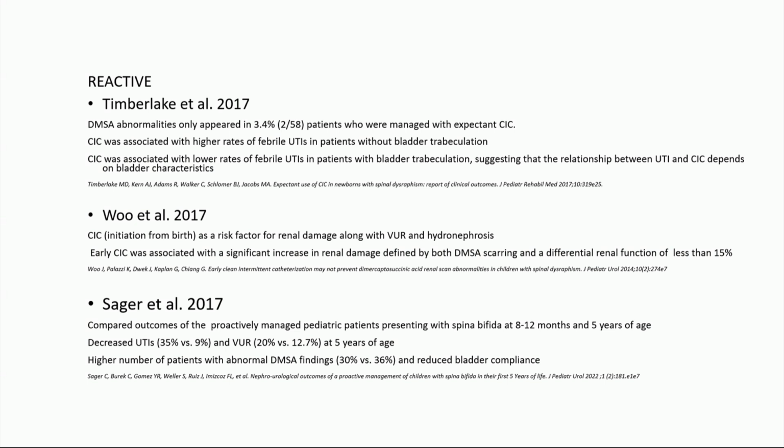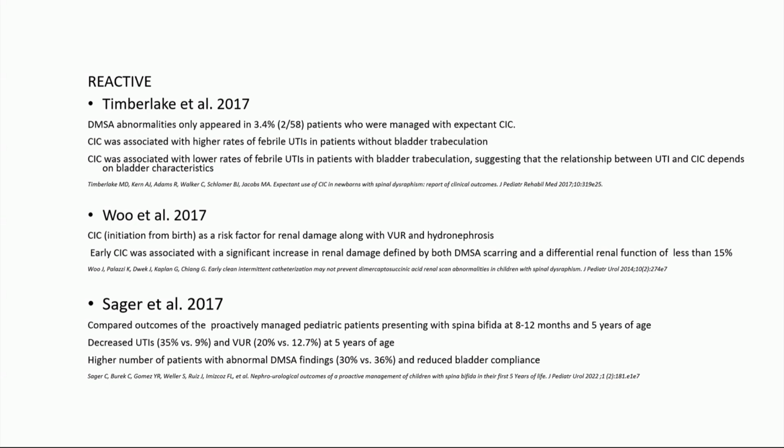Wu et al., in a study on myelodysplastic patients, identified early CIC as a risk factor for renal damage, defined by both DMSA scarring and VUR and increasing hydronephrosis. Early CIC was associated with a significant increase in the renal damage, and there was a deterioration in the renal function as well.